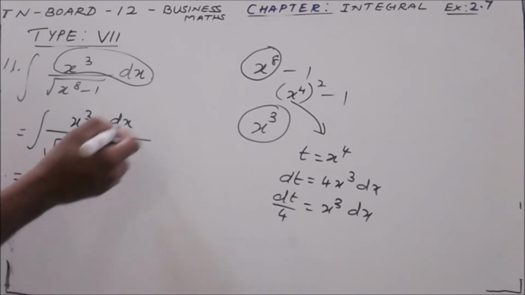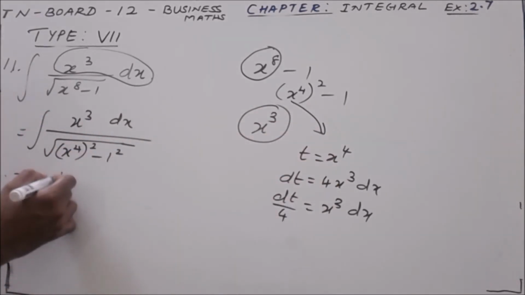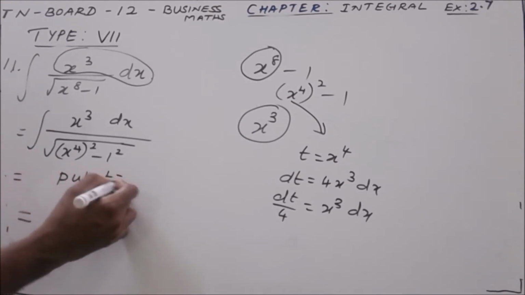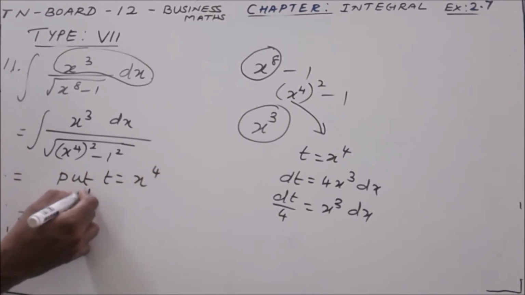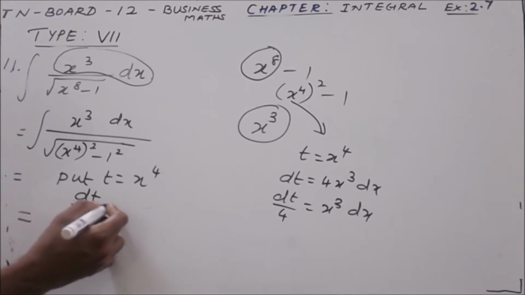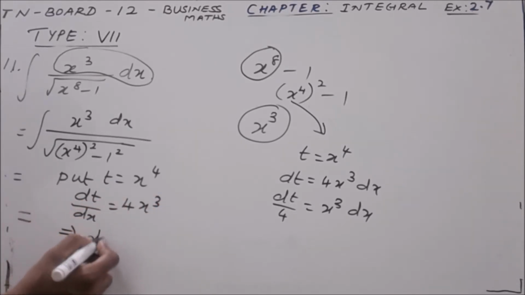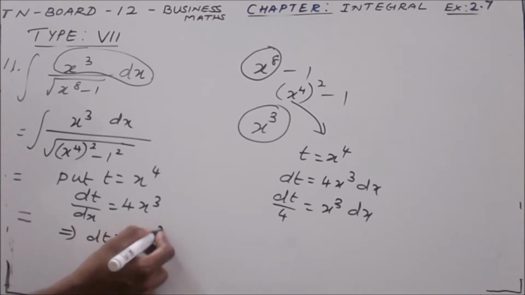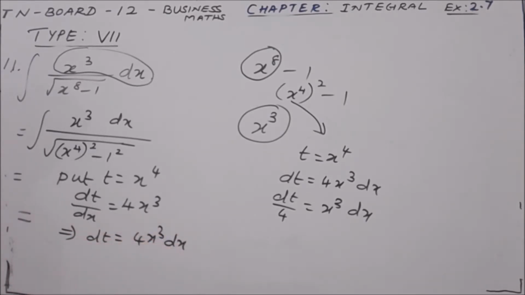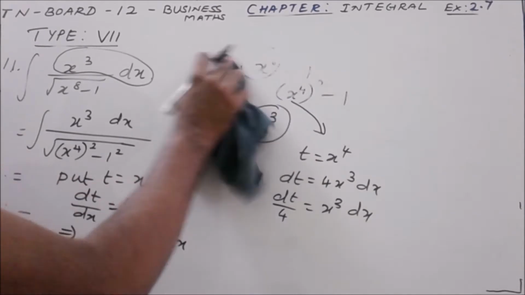So give substitution, put t equal to x power 4 and dt by dx is equal to 4x cube, which implies dt equal to 4x cube dx, and dt by 4 equal to x cube dx. We can apply here.